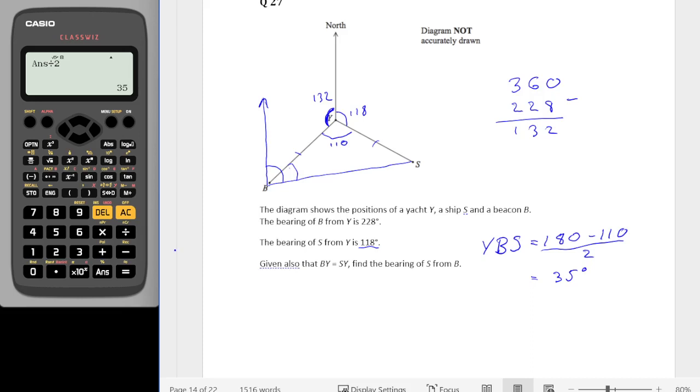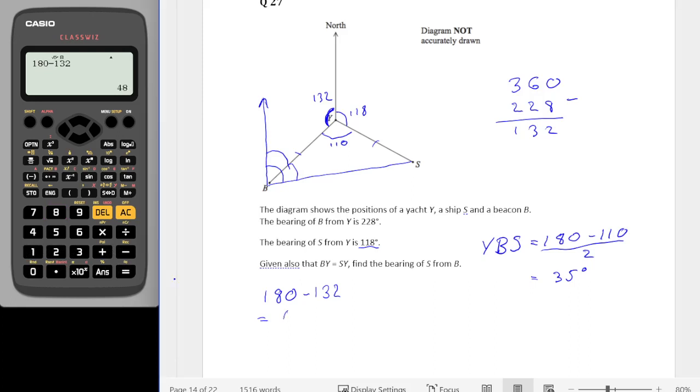And then I need finally to work out this angle here. This angle here and this angle here create a supplementary angle, so it's 180 minus 132.